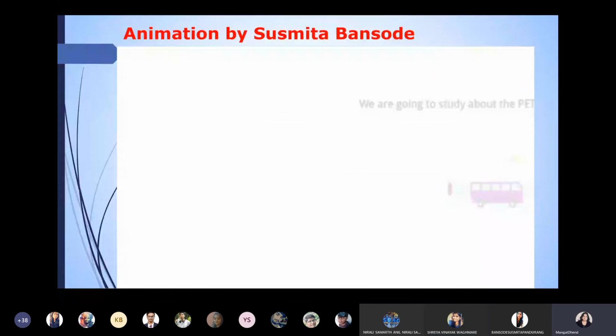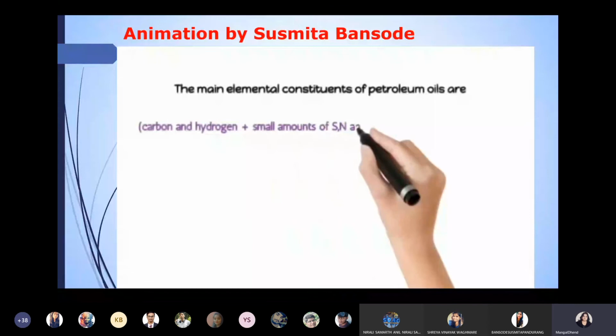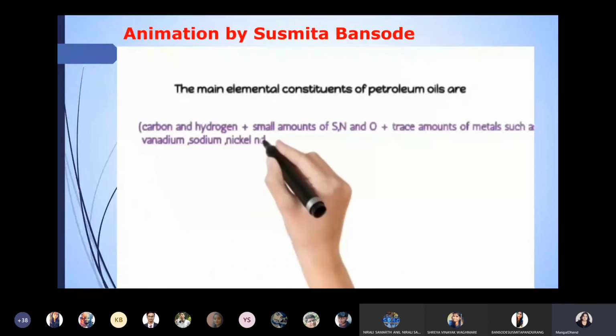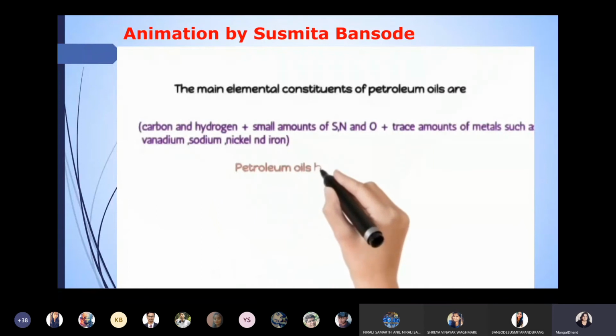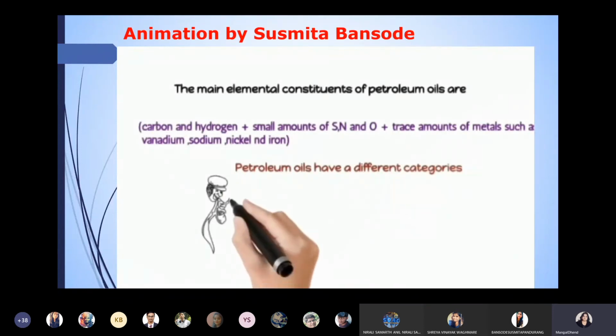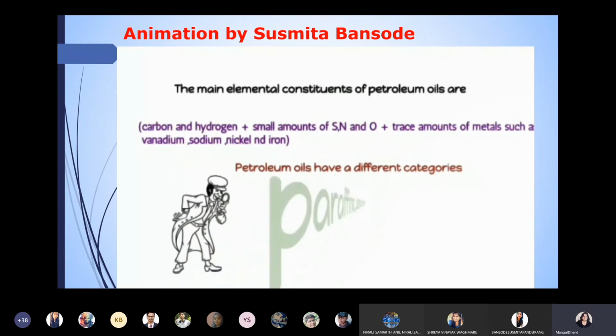The main constituents of petroleum are carbon and hydrogen plus small amounts of sulphur, nitrogen, oxygen, plus trace amounts of metals such as vanadium, sodium, nickel and iron. Petroleum mineral oils are categorized into three: paraffinic, asphaltic and mixed type.